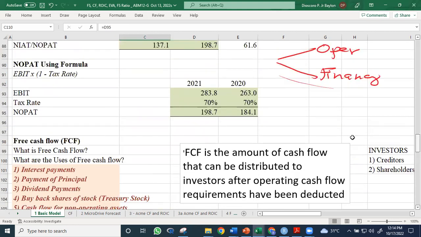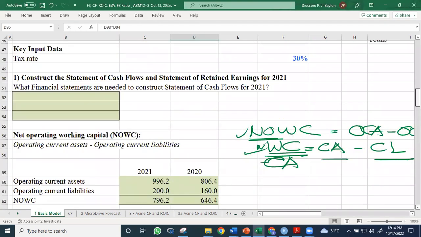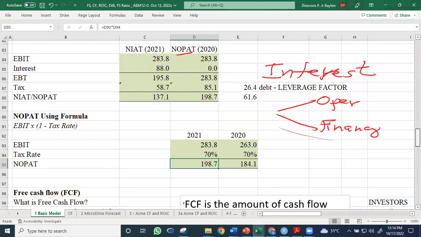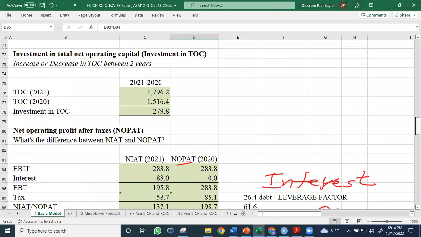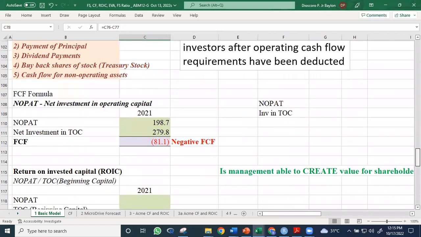So assume natin na okay naman yung NOPAT natin, 198.7 million. Only that the company really invested much in operating capital. Ito. So that was the cause for the negative free cash flow. And if that's the cause for the negative free cash flow, then okay yung pagiging negative na free cash flow. Okay yun. Kasi may dahilan. No? There was a reason why it became negative. The company really invested in operating capital.